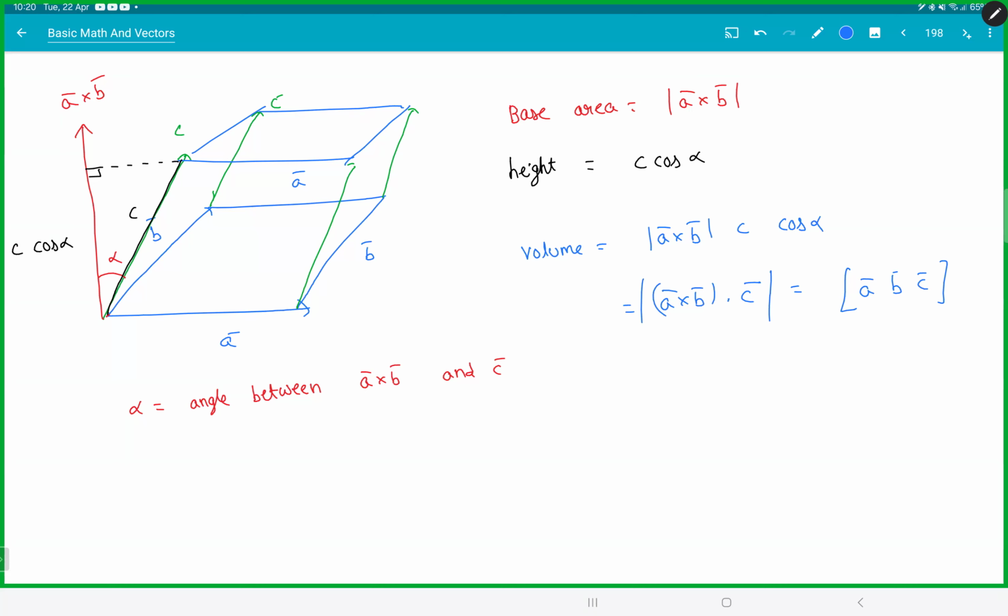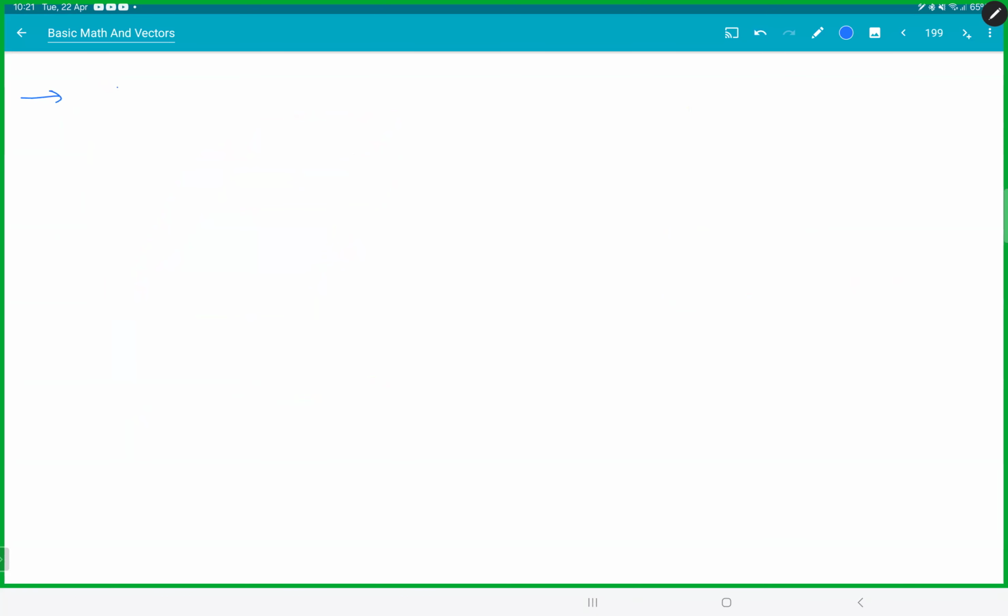So how do we calculate this? Let's write down a few points here. I'll show you how to calculate. A, B, C gives you the volume of a parallelepiped.